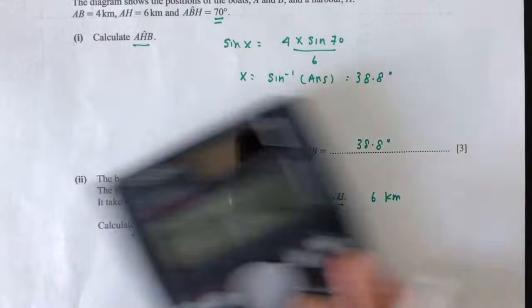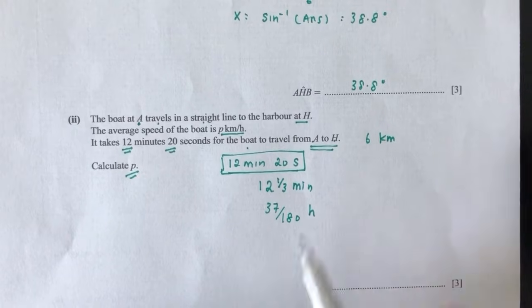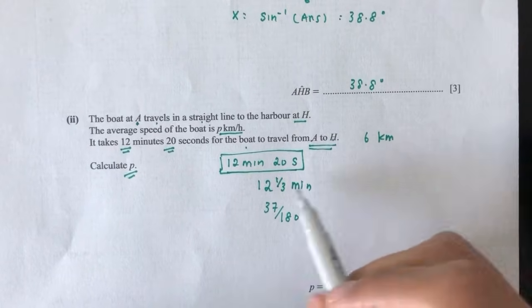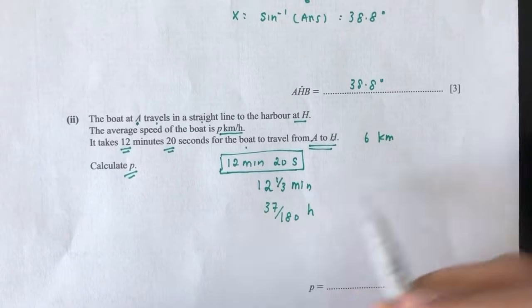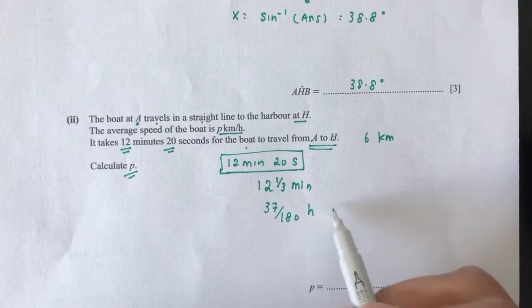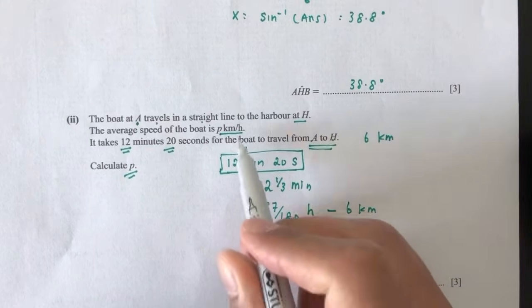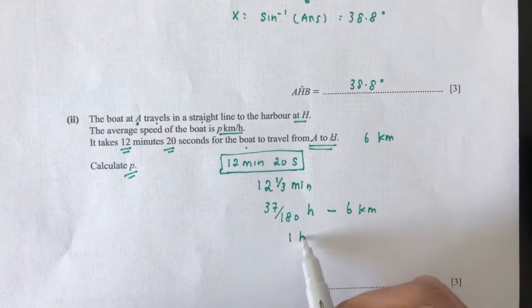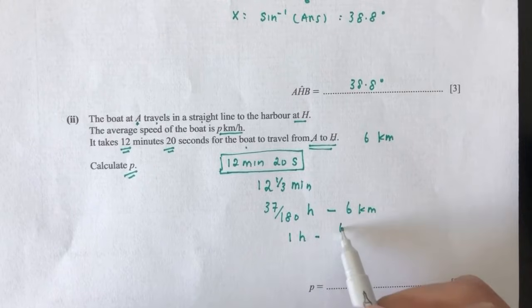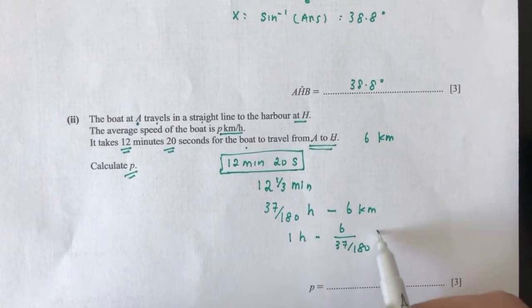Okay, so now we can play with these numbers. It means that in 37 over 180 hour, he traveled 6 km. So we have to find per hour, we have to find 1 hour. That will be 6 divided by this number times 1.